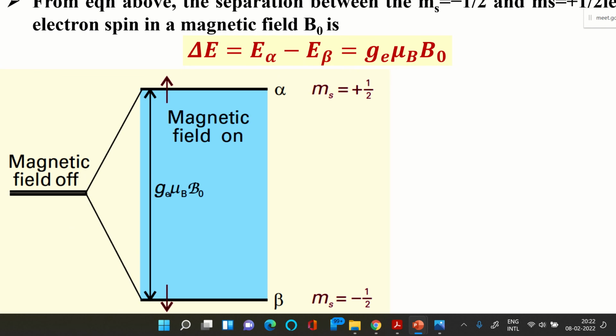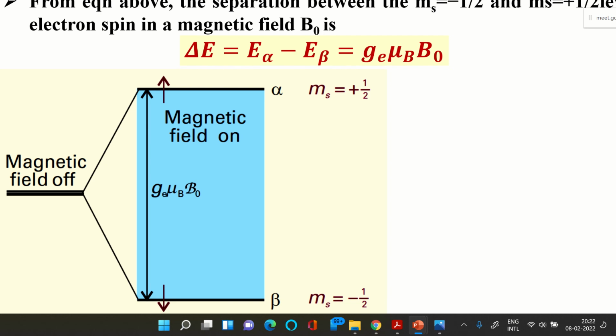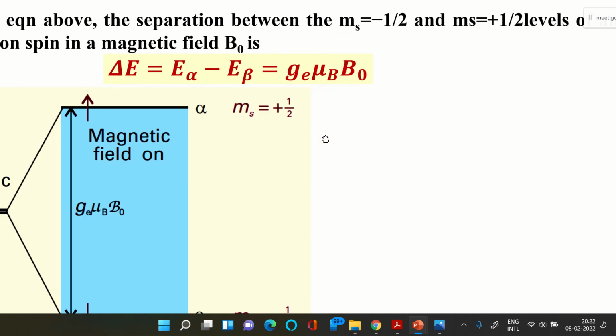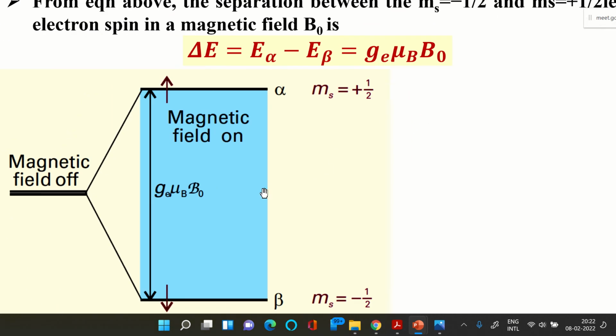So this is your alpha. If you calculate the difference, alpha is up spin, and the energy of alpha minus the beta. So the separation when you apply a magnetic field, what we are talking about is this.